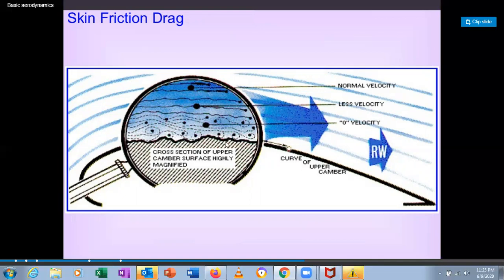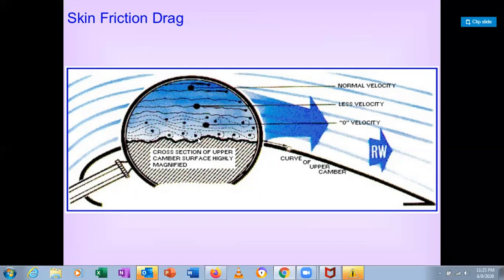The smoother the surface, the more laminar the flow. Looking at the highly magnified cross section of the upper camber surface, if the surface is rough, turbulence increases and skin friction drag will be higher.